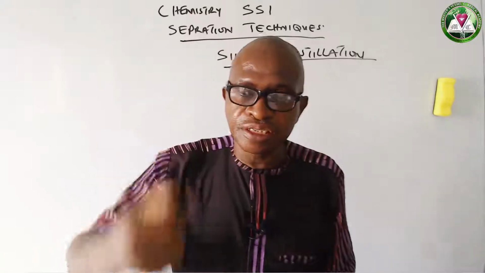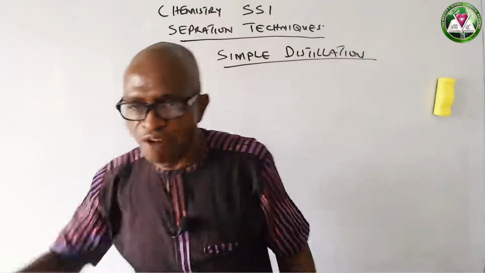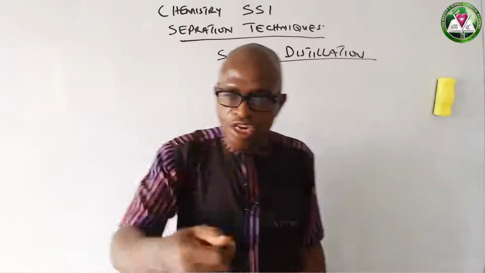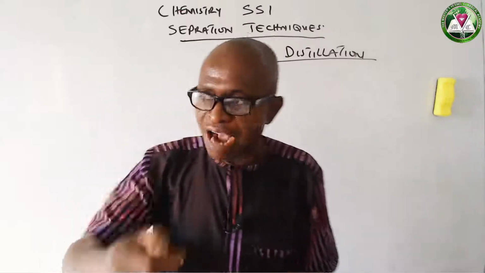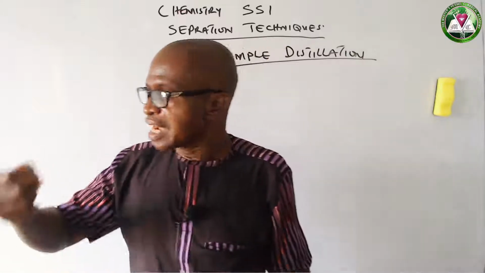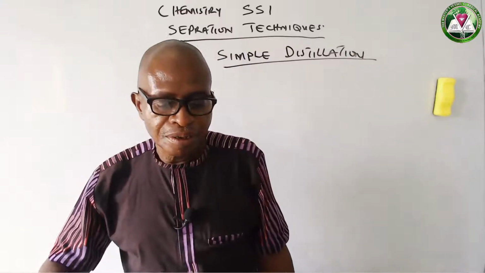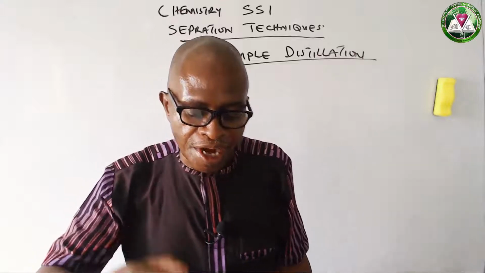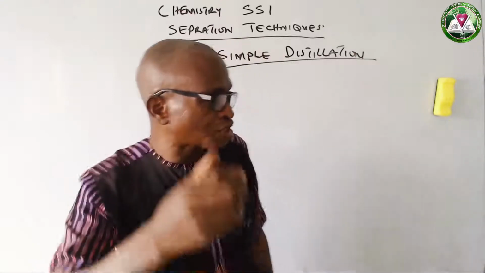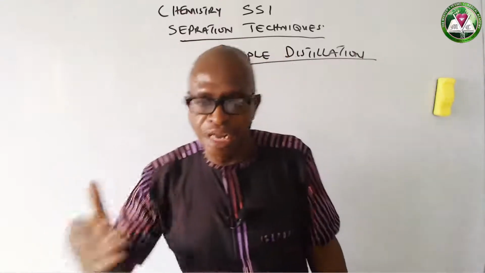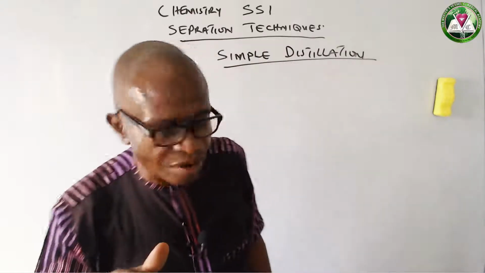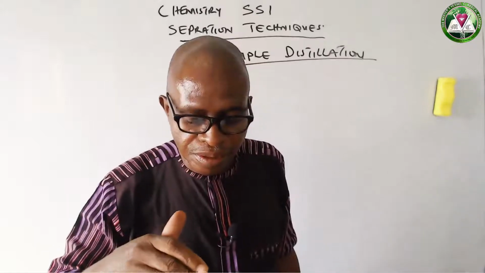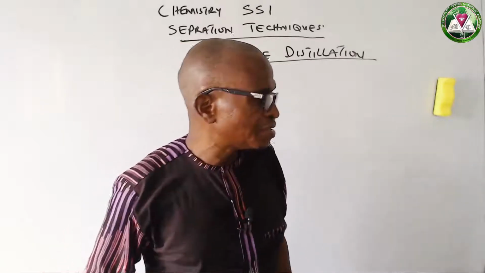The liquid in this situation is called the solvent, while the solid is the solute. Therefore, when you have such substances that dissolve in a liquid, you can recover the solvent by distillation.